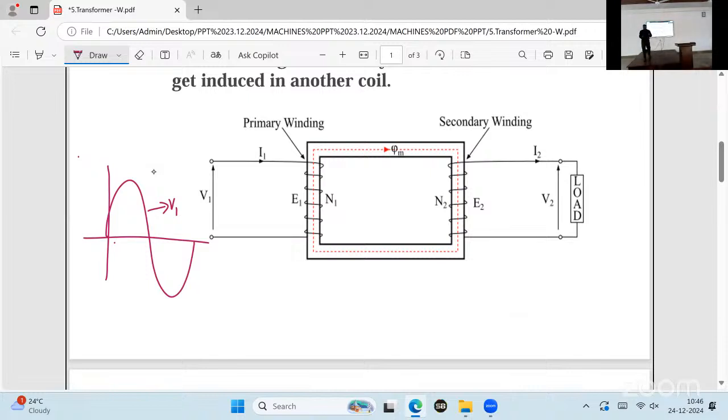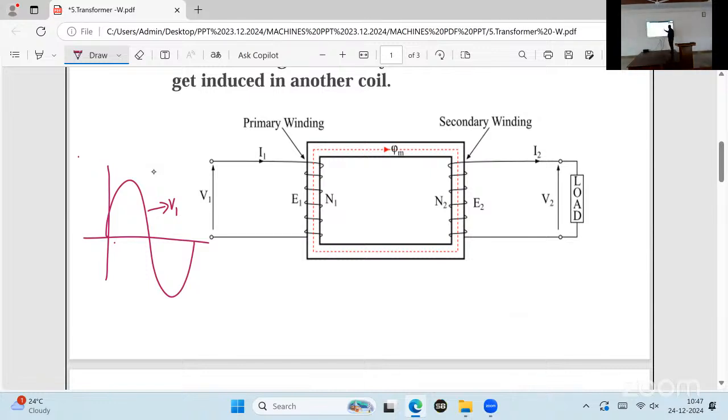On the secondary winding, we have to apply the load. On the primary, we have given the AC supply V1, not DC supply. Why am I doing all these things? Because the secondary side is a load.